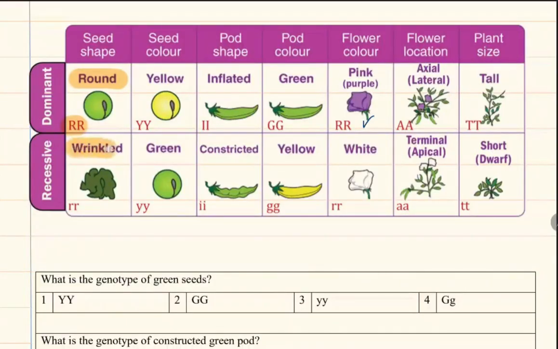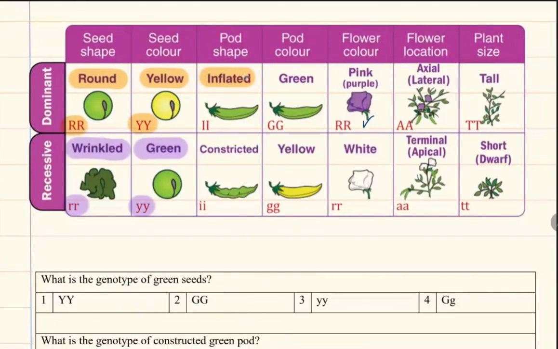Wrinkled seed is going to be R small, which is the recessive. Yellow seed is the dominant, Y capital. Green seed is going to be Y small. So for a characteristic, we use the letter of its name, and for the recessive, we use the same letter, but in small case, not capital.